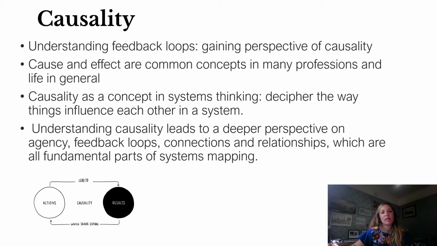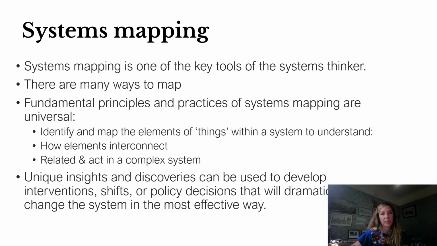And causality as a concept in systems thinking is being able to decipher the way things influence each other in a system. So understanding causality leads to a deeper perspective on agency, feedback loops, connections, and relationships, which are all fundamental parts of systems mapping.